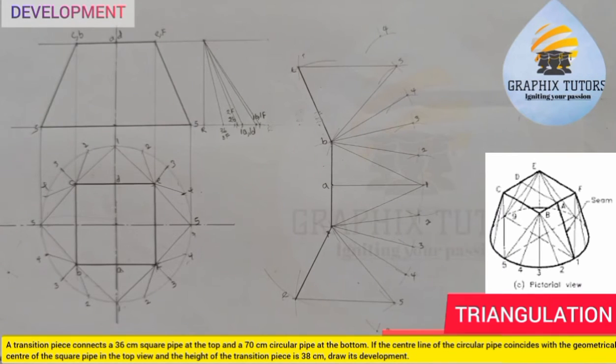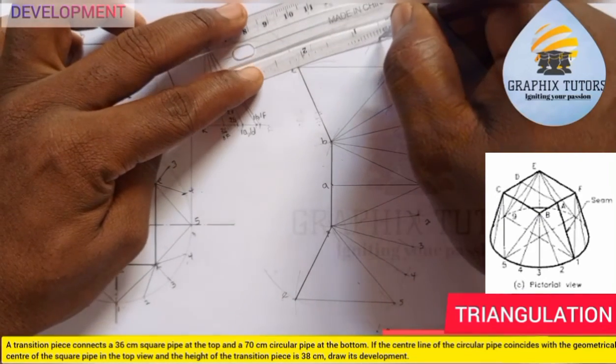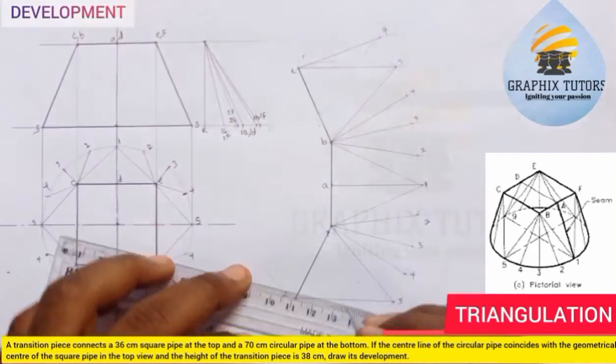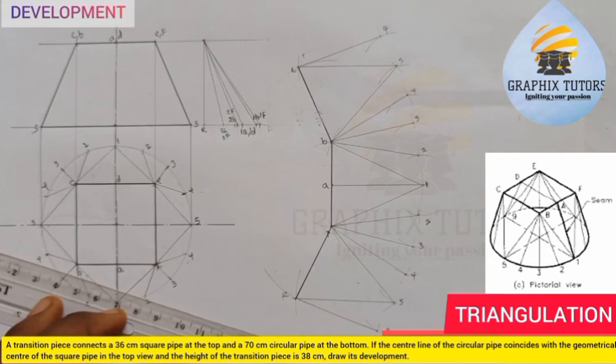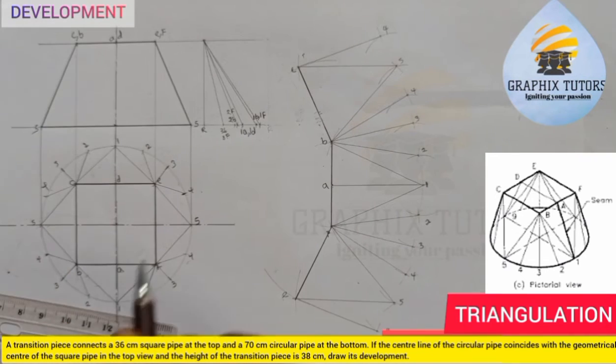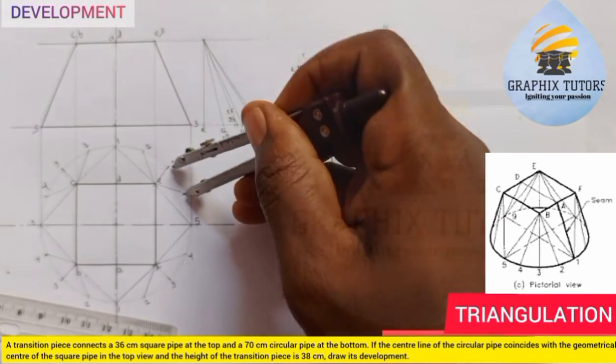So we'll proceed. Now, I'll just join from 4 to C and from 4 to E. Is that again? Now the next one after 4 we have 3. So I'll place it here to get from 4 to 3.